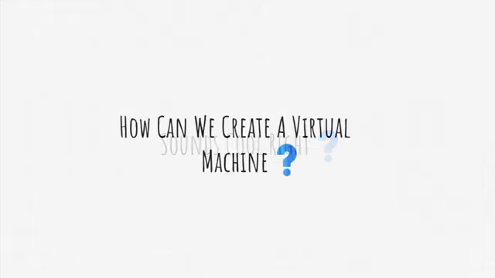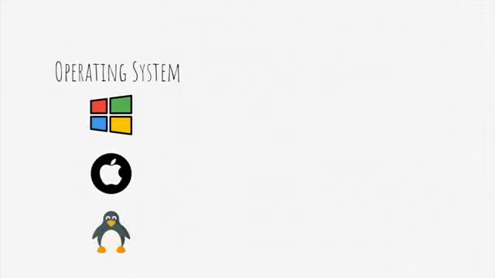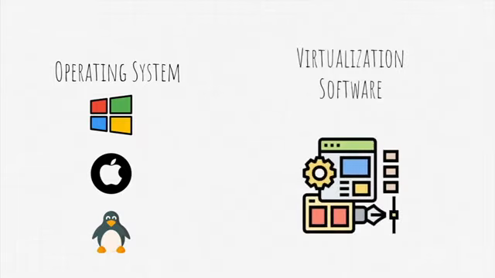Sounds cool, right? Now that we know how virtual machines work and why we are going to use one, you must be wondering, how can we create a virtual machine? Actually, this is pretty easy. All we need are two things. We need an operating system that we want to install in that virtual machine, and we also need something called virtualization software.